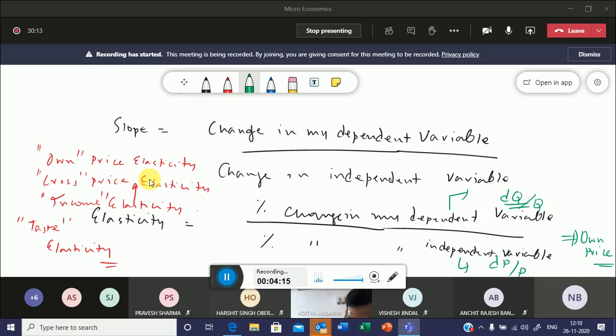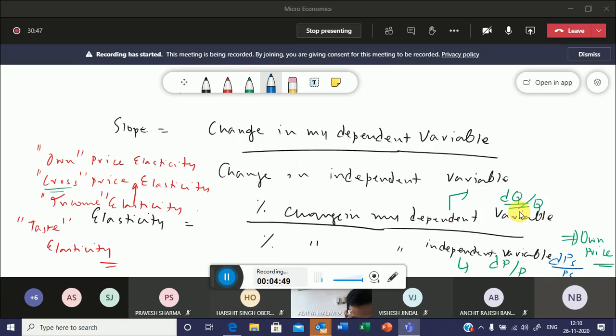Now, what is cross price? Cross price is basically saying that if the price of my substitute or complement good changes, rather than the own price, let's say the price of the substitute good changes, let's call that dPs over Ps, where s stands for substitute. So if the price of the substitute good changes, what is the change in my own demand?